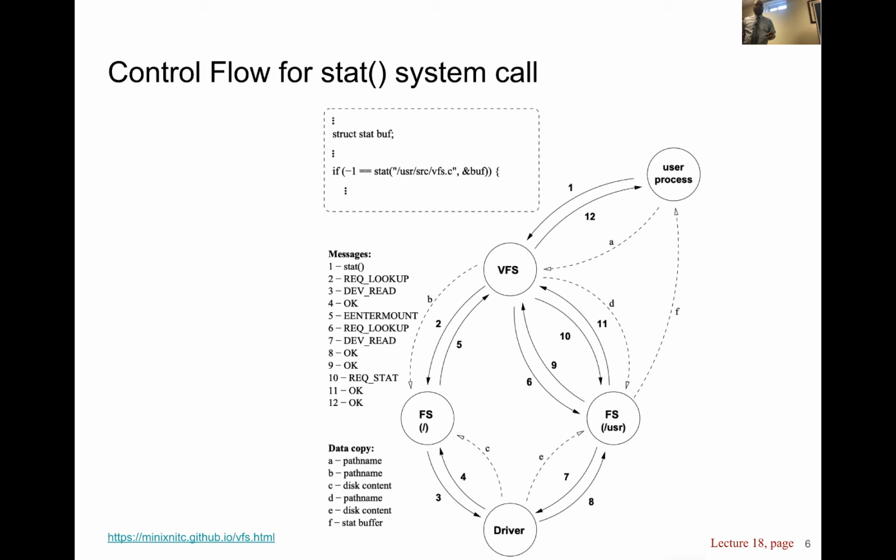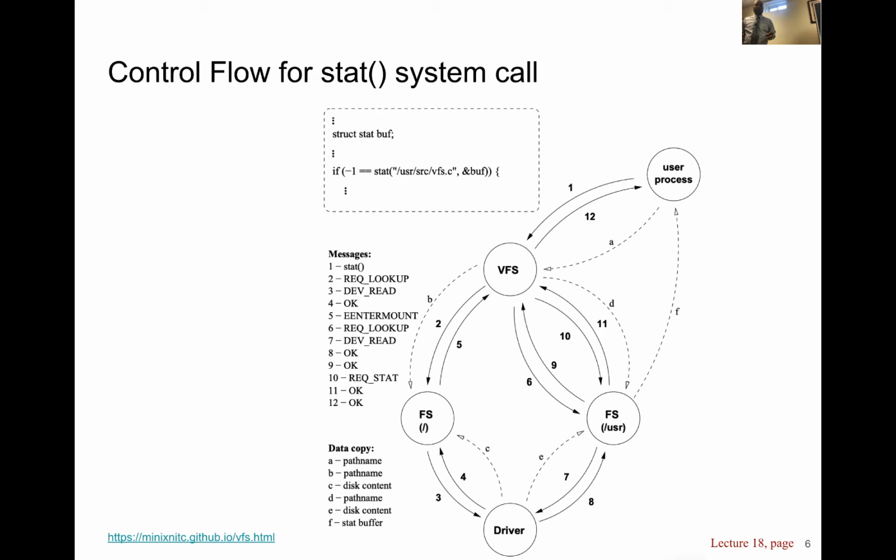The VFS process is then going to essentially do a lookup to the root partition. The root partition is going to then essentially resolve that request by actually going to the device driver and trying to read the file, or not read the file, read the directory, and so on. And then you will basically eventually get back a request.